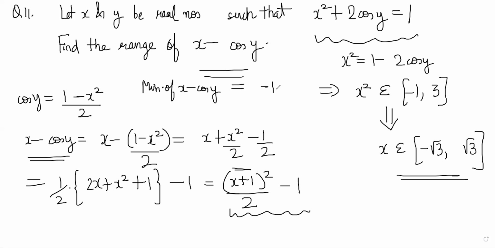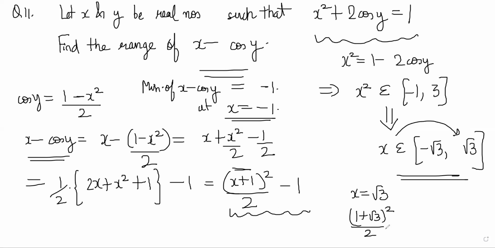So the minimum is equal to -1, right? And that happens at x is equal to -1. And the maximum will happen when this is as large as possible. When will that happen? When x is equal to root 3, right? Because the x range is minus root 3 to root 3. So when x is equal to root 3, you'll get (1 plus root 3) whole square by 2 minus 1, which becomes (1 plus 3, 4 plus 2 root 3) divided by 2.